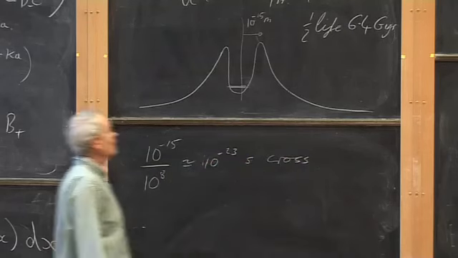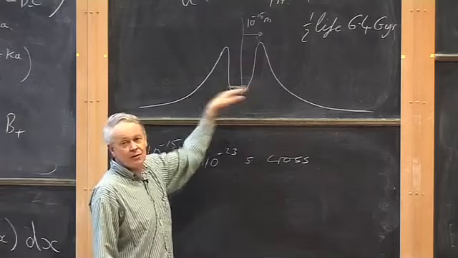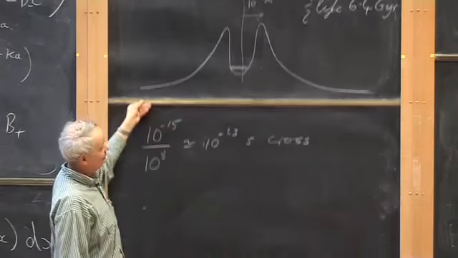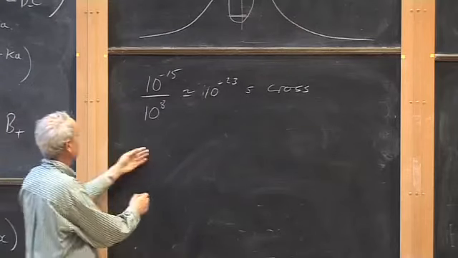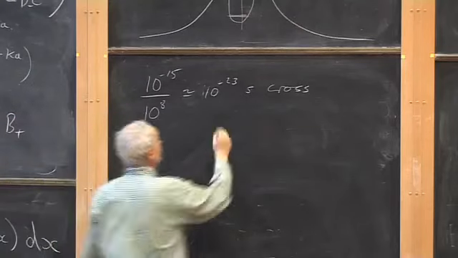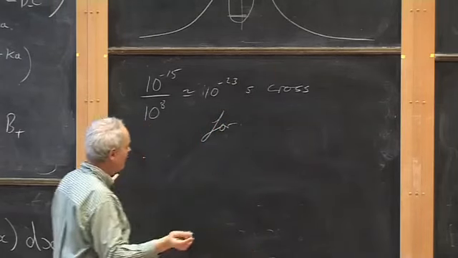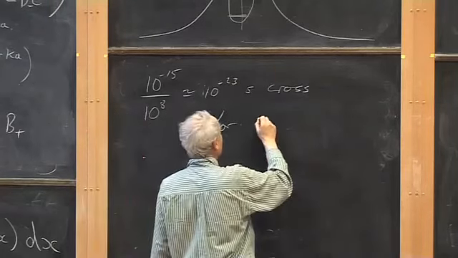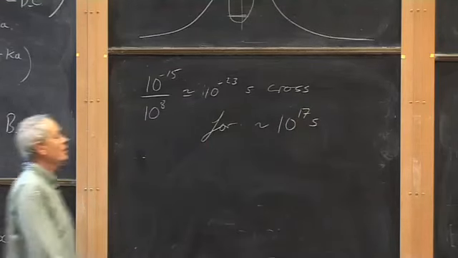So roughly 10 to the 23 times a second, this alpha particle bangs to and fro. This is the classical picture. And it does this for on the order of 6.4 gigayears, so for on the order of 10 to the 17 seconds, which is a third of the age of the universe.